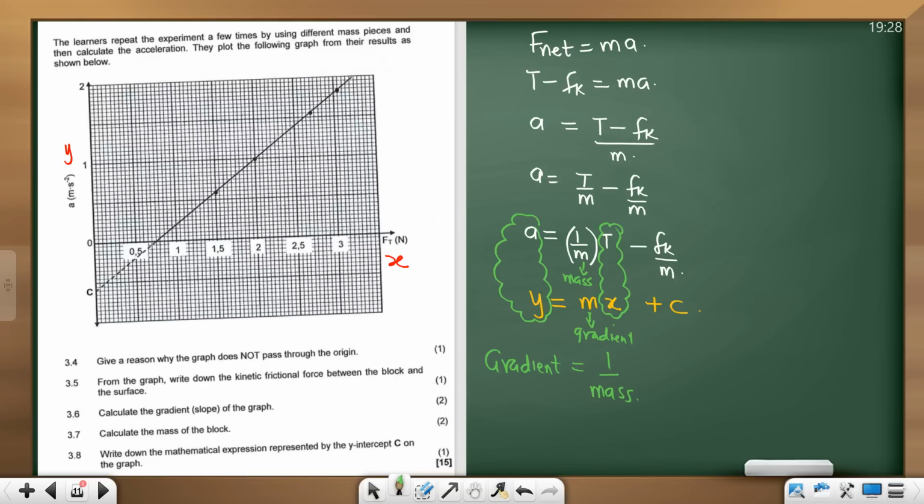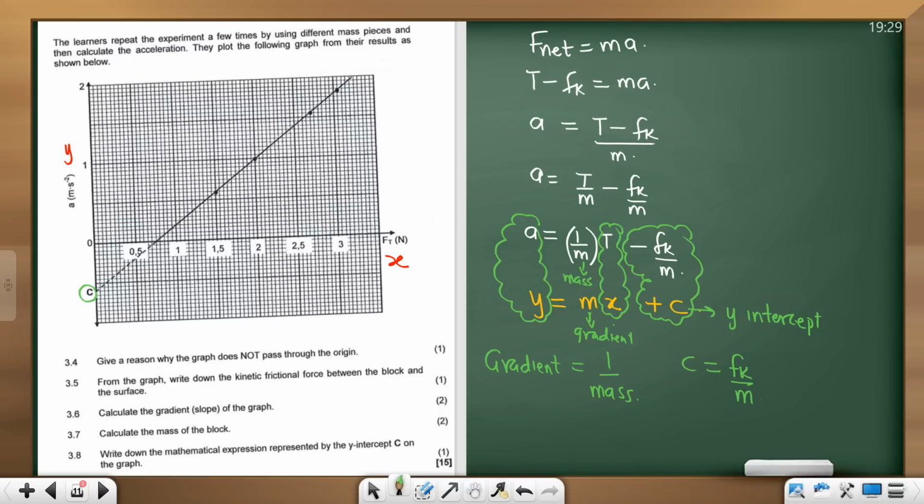Hold on. What is c in mathematics? The y-intercept. I wanted to check my y-intercept. Do you notice it's a negative value? Let's go to the graph. Where's the y-intercept? It's negative. But what is that c equal to? That c is now equal to what?